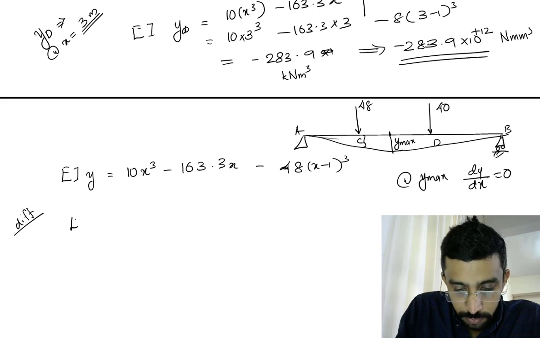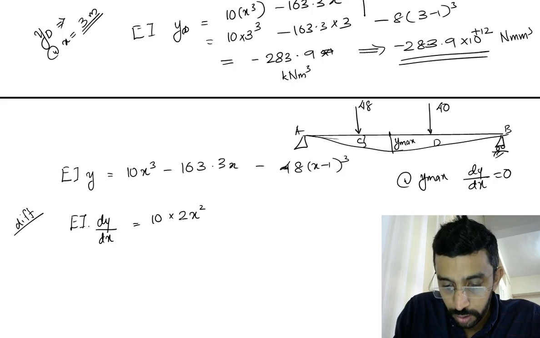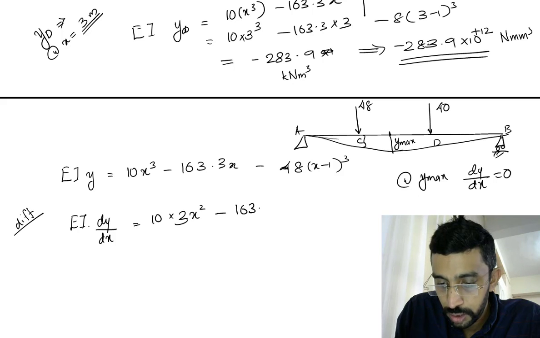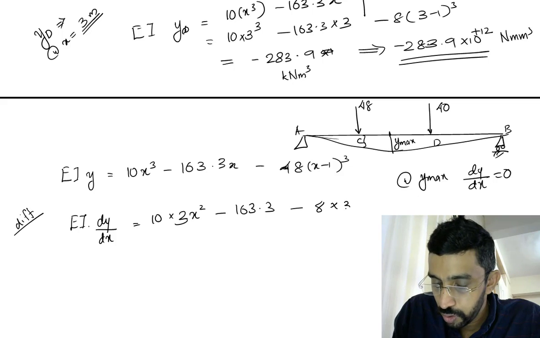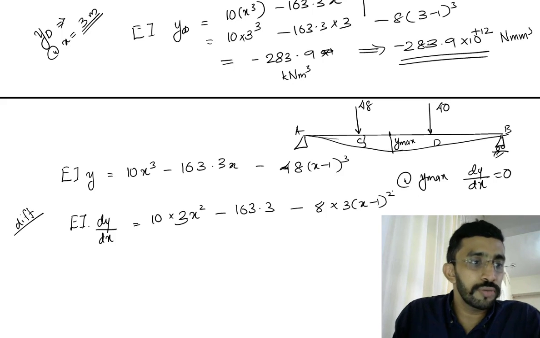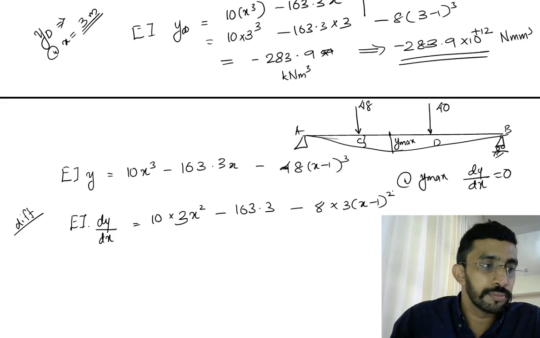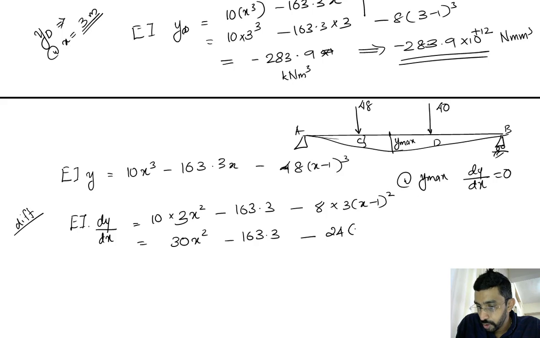EI into dy by dx is equal to 10 into 3x square minus 163.3 minus 8 into 3 into (x minus 1) square. This is how you differentiate. So this is going to be 30x square minus 163.3 minus 24 into (x minus 1) the whole square.